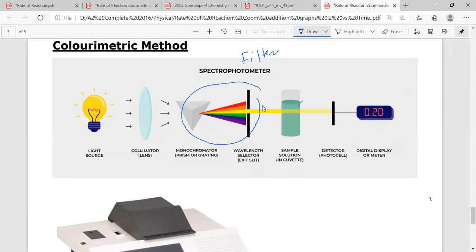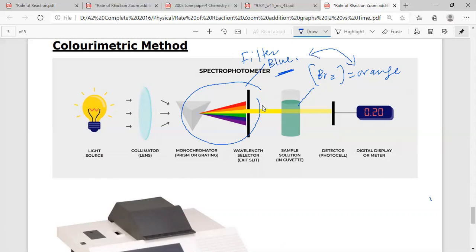For example, if bromine here is orange, the complementary color is blue, so I must have a blue filter here. If it is yellow, then I would choose a, if it is blue, I would choose a yellow filter. So the filter must be the complementary color. You will see this later as you do biochemistry.